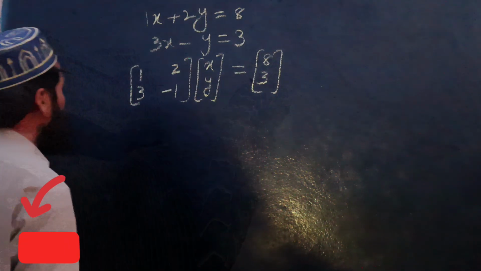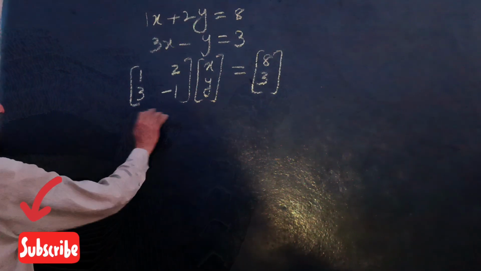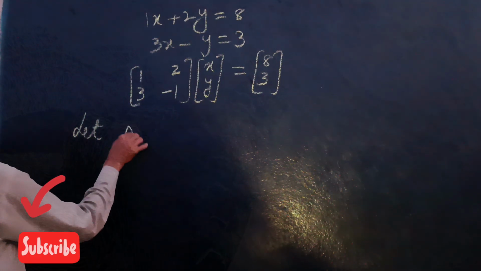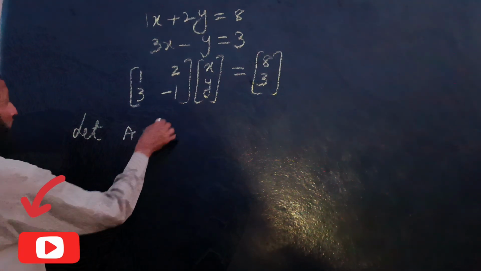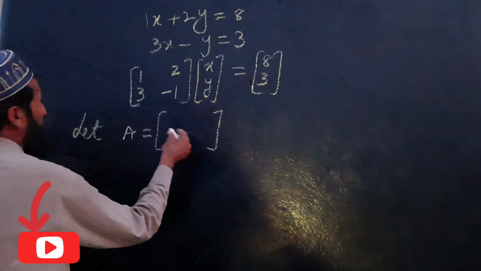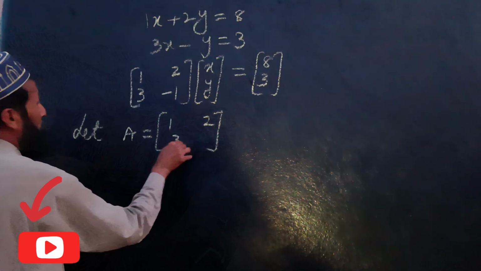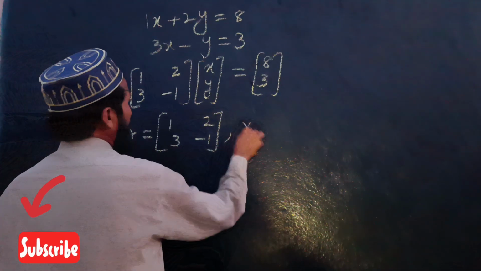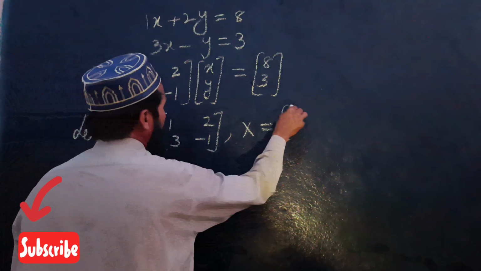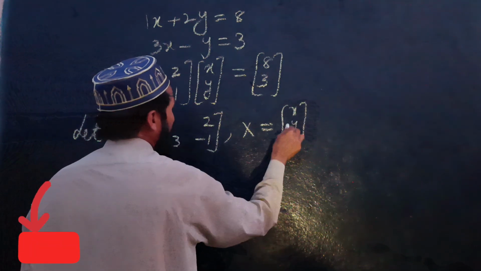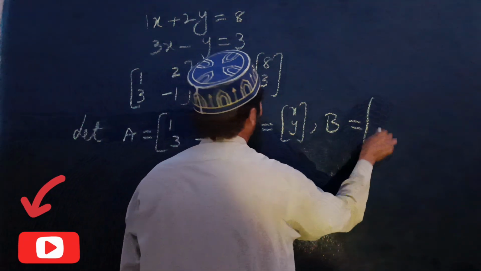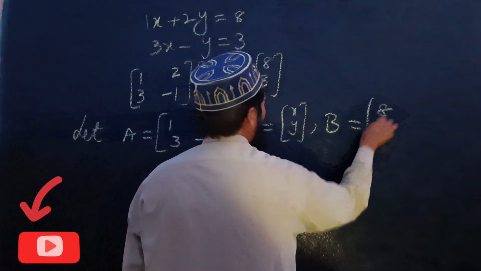According to the rules, first of all we give names. Let's suppose this matrix is capital A: 1, 2 and 3, minus 1. X is the column of x and y, and B is the column of 8 and 3.